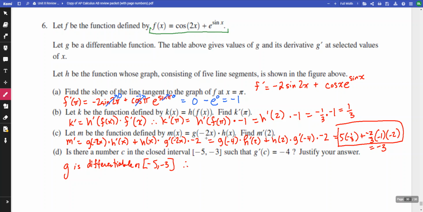So therefore, by the mean value theorem, there is a number c in the closed interval such that g prime of c equals negative 4.